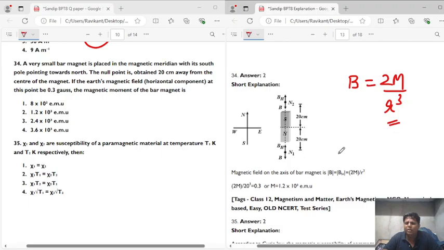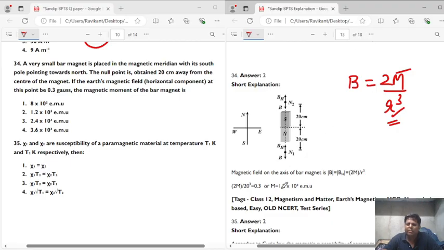So putting the values over here, B is given to us as 0.3 Gauss, right? And we need to calculate M, and r is given as 20 centimeters. So we need to calculate in the CGS system only.